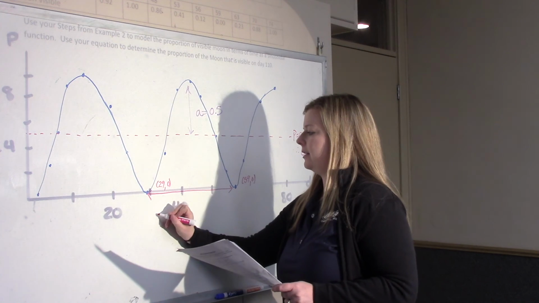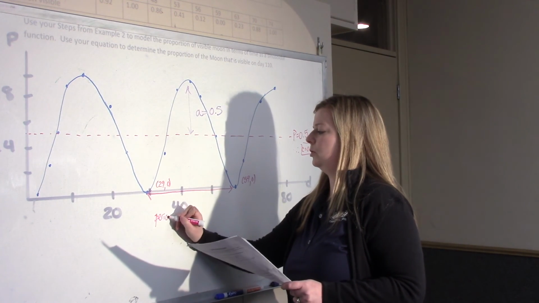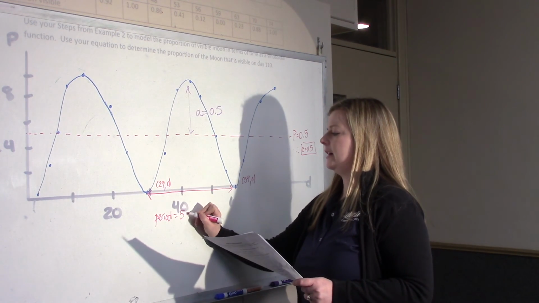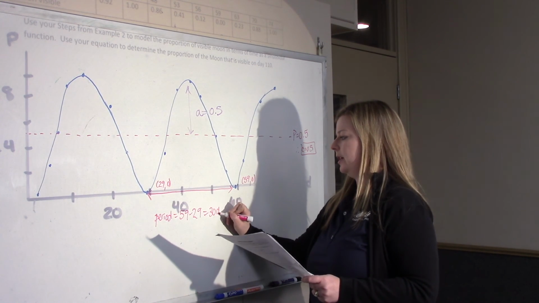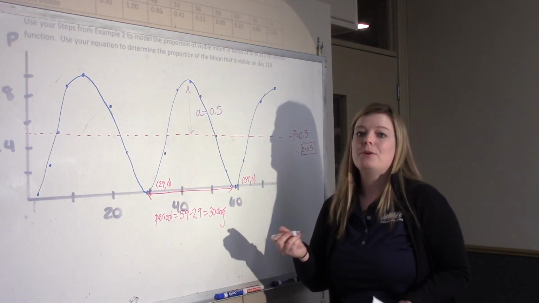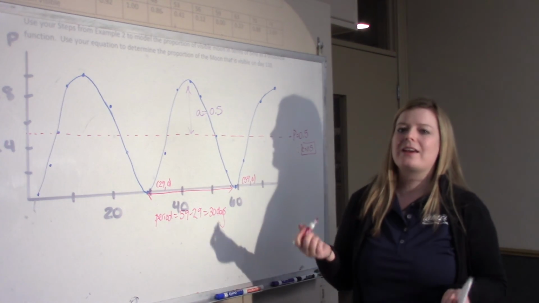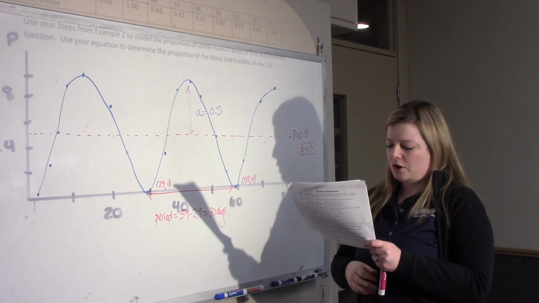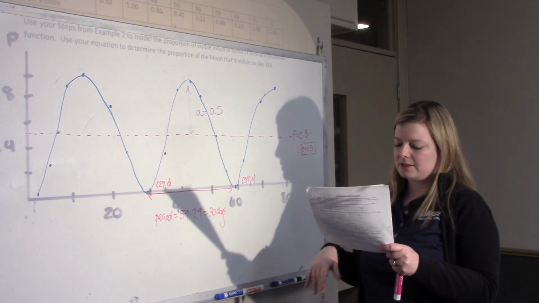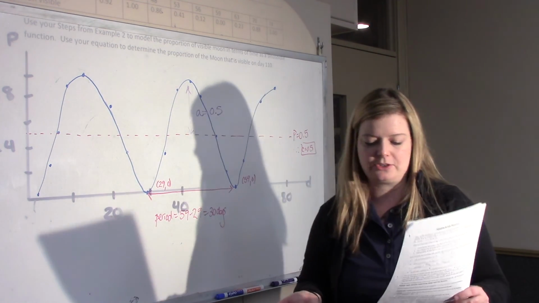So the period is equal to 59 minus 29, so 30 days. Now, for what you know about the moon and the cycle of the moon, it should make sense that our period is 30 days. Okay? So we have all this information, so now we just need to come up with our equation.